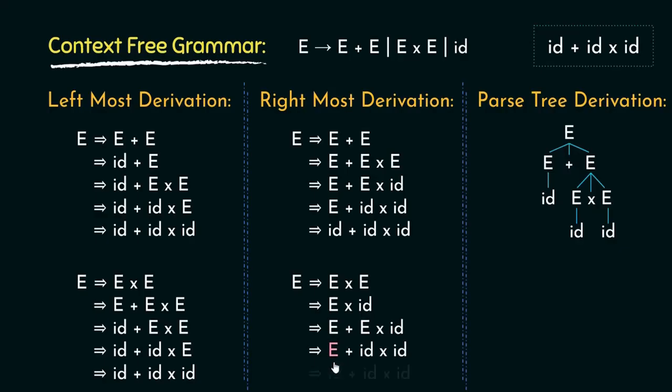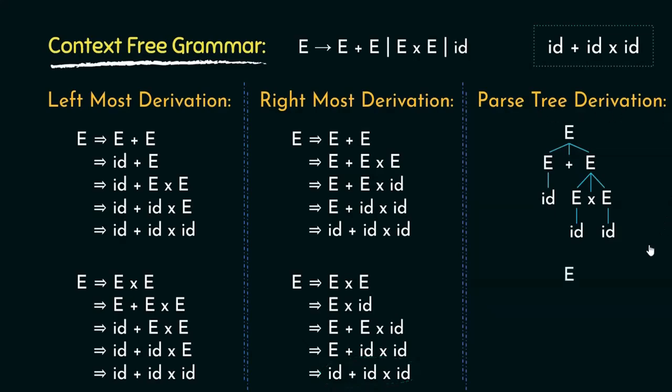So finally, we will derive id plus id into id. And this is the intended string. So similar to the leftmost derivation, there are more than one rightmost derivations for the same string. Let's see if that's also the case for the parse tree derivation.